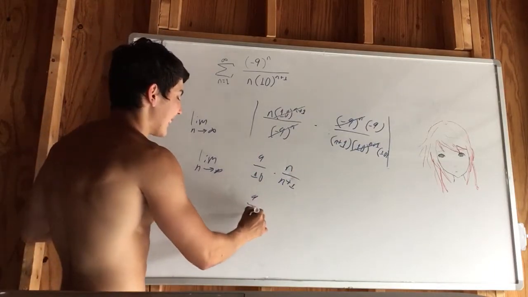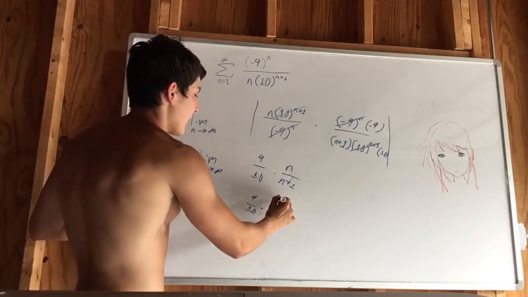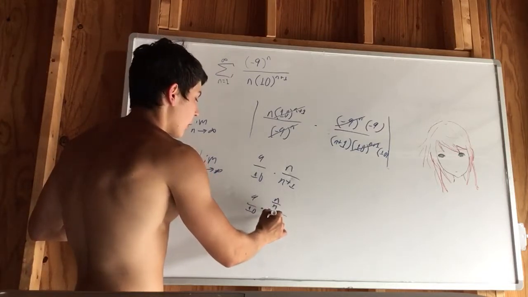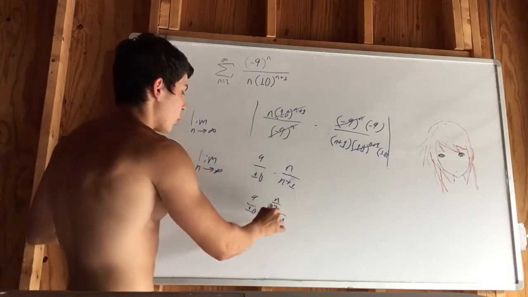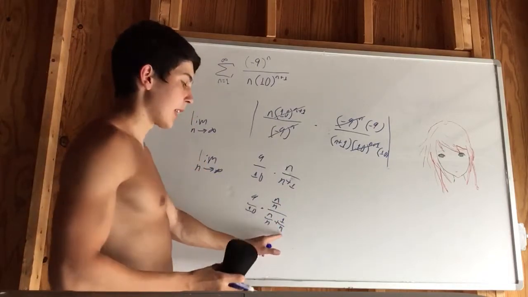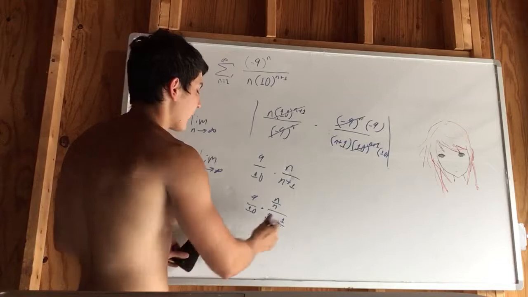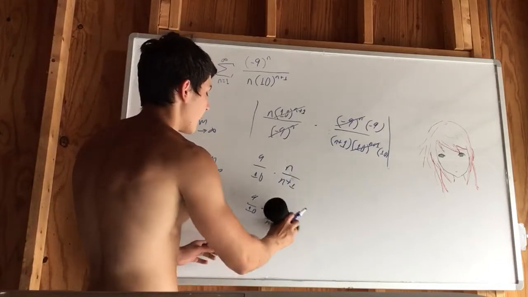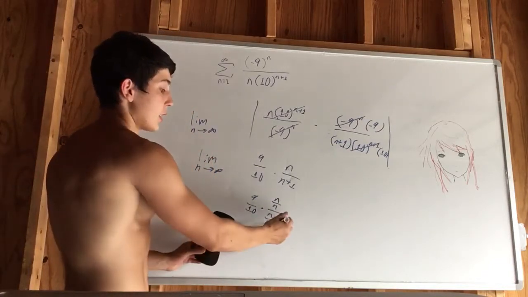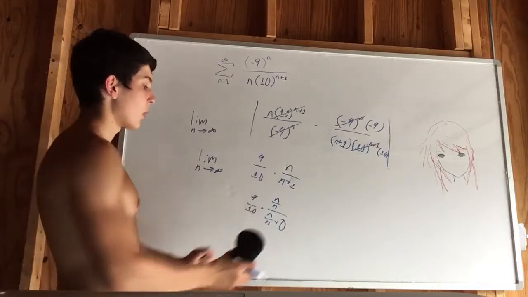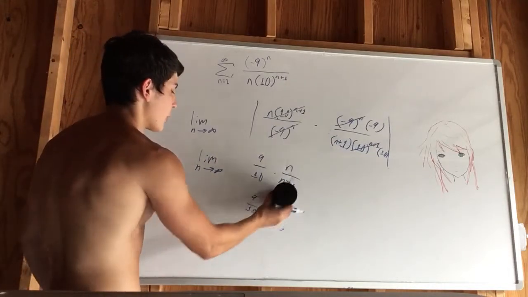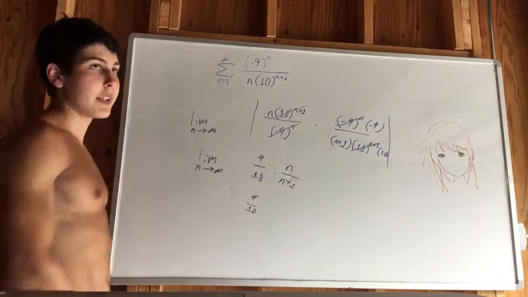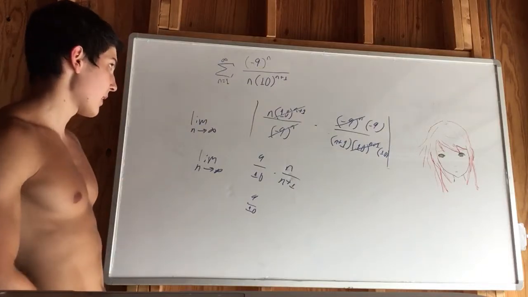So this is 9 tenths times n over n over n plus 1 over n. This is 1, and we plug infinity into here, which gives us this going to 0. Then we're left with 1 over 1, which is just 1. Multiply this by 1, and you get 9 tenths.